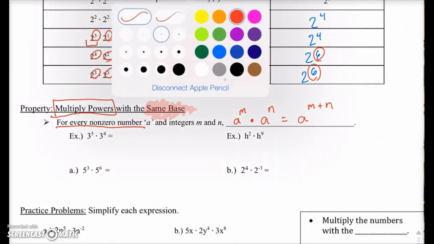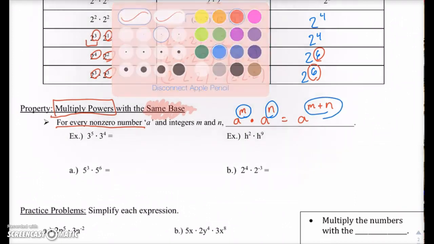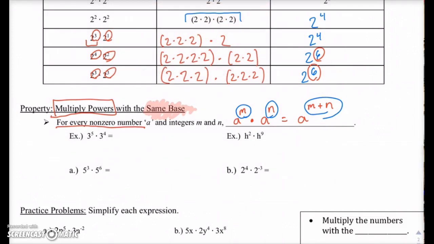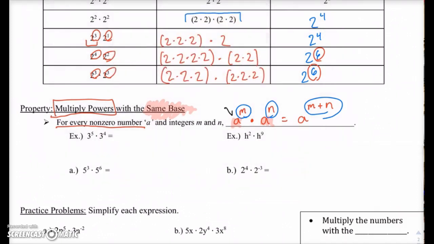Essentially all we're doing is adding the exponents. But again, this only works if it is the same base. The base here is still a. Just a reminder, your base is your a.